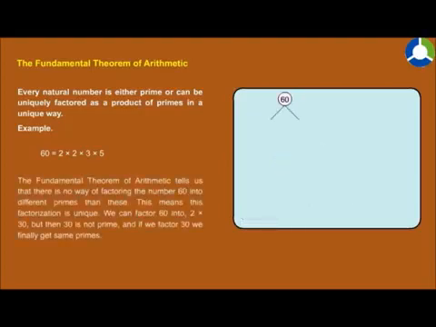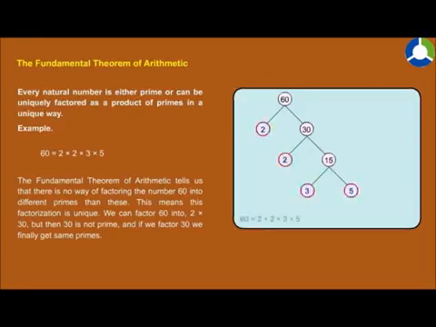The fundamental theorem of arithmetic tells us that there is no way of factoring the number 60 into different primes than these. This means this factorization is unique.